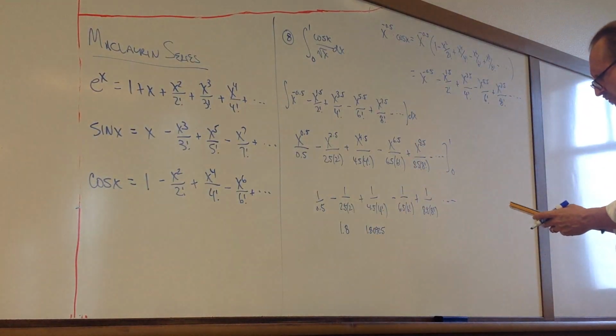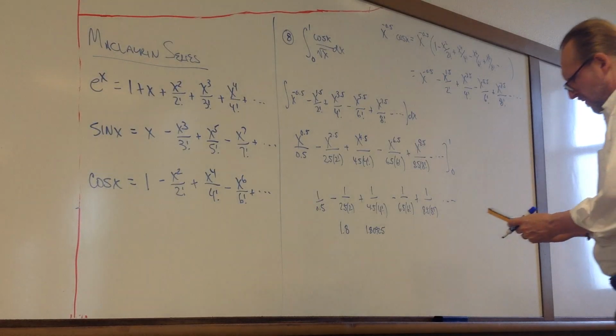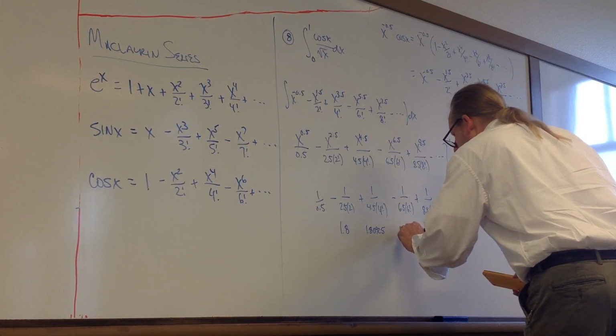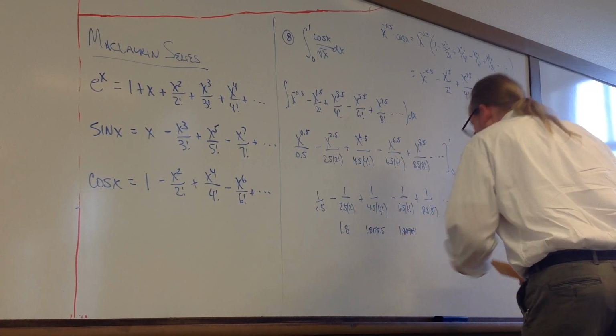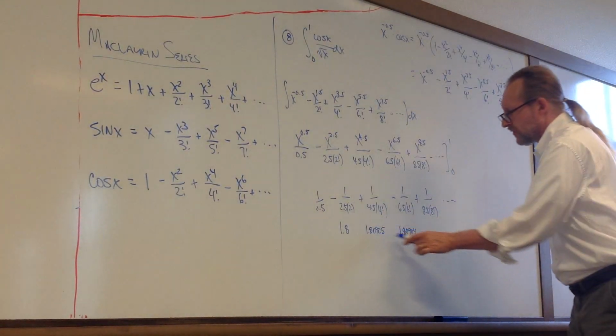And then minus 1 over parentheses 6.5 times 6 factorial, 1.80904. And you can see the third decimal place isn't changing between these two.